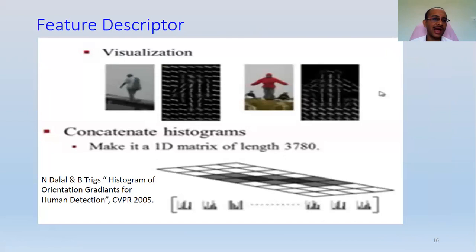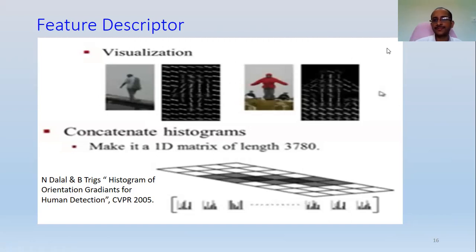I may have a 100x100 image and a 50x50 image. The number of pixels is different, but still I don't want to take the absolute count of how many are at 0 or how many are at 90. I wish to see the normalized count. In that case, normalization helps.